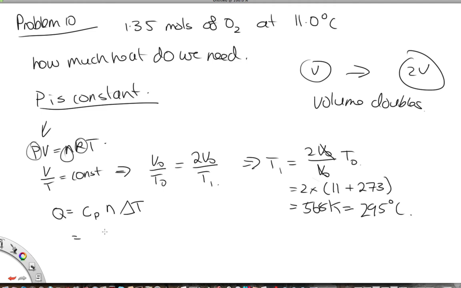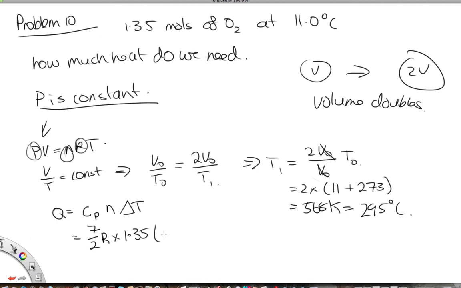Cp, we're told we're allowed to assume it's 7 over 2R. That makes sense because it's O2, which has 5 degrees of freedom, 3 translational ones and 2 rotational ones. So F is 5, so this is F plus 2 on 2R.